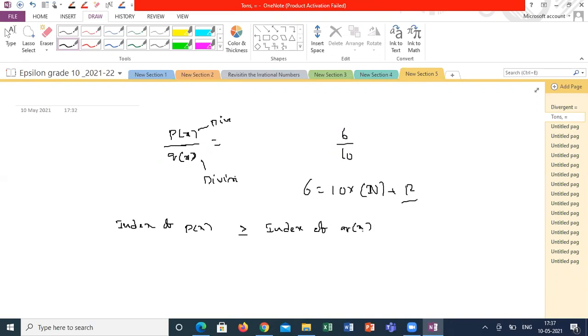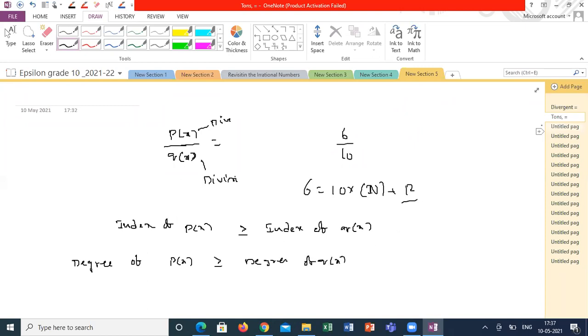Got it? The index means the highest power of the polynomial, the degree of the polynomial. The degree of P of x must be greater than or equal to the degree of Q of x.